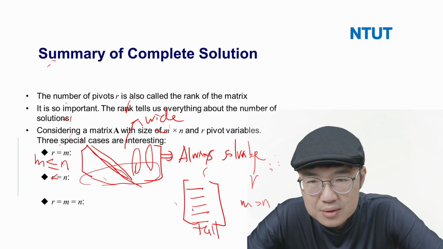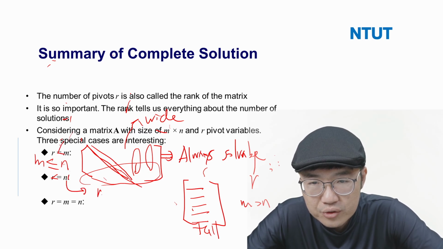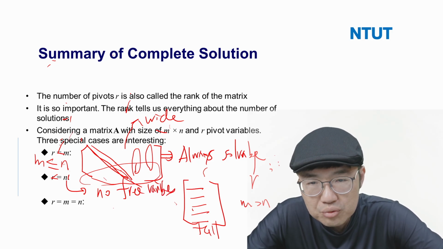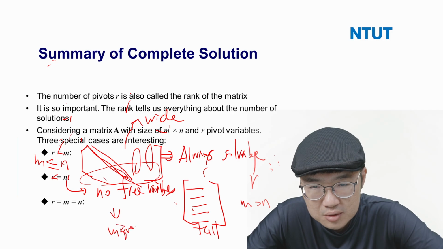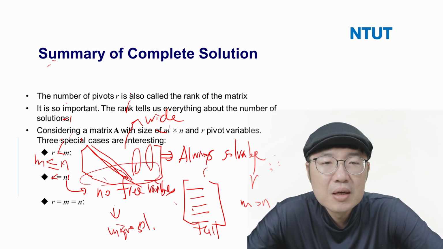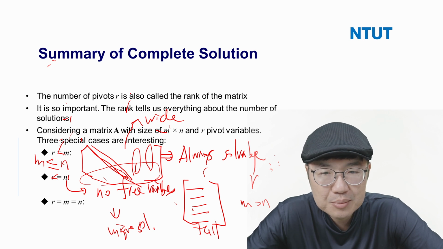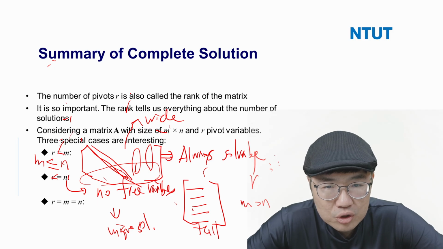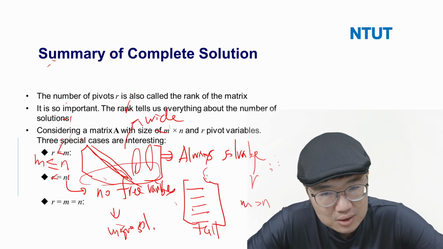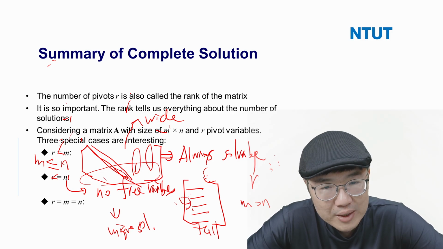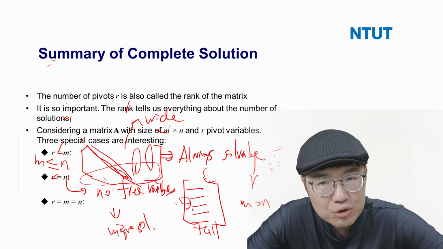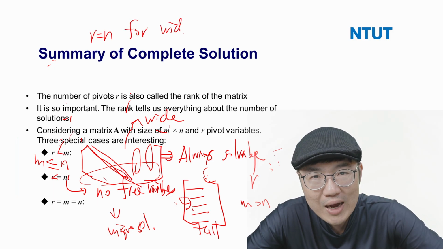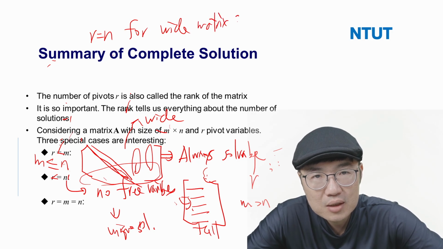When R equals N, this is a case with no free variable. So you may have a unique solution once the right-hand side is in the column space of A. So R equals N is more like a tall matrix. Can you have R equals N for a wide matrix?